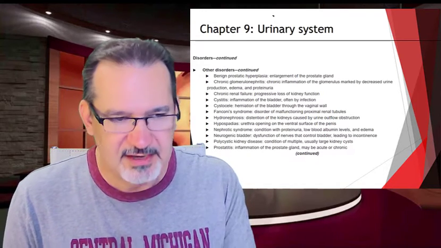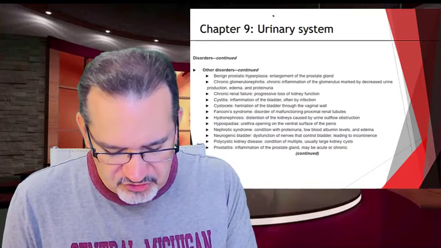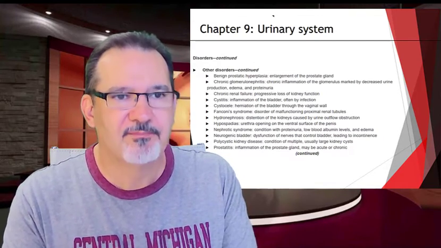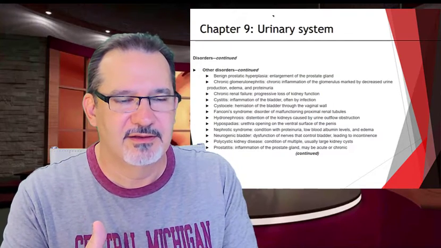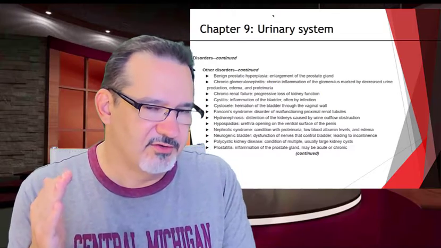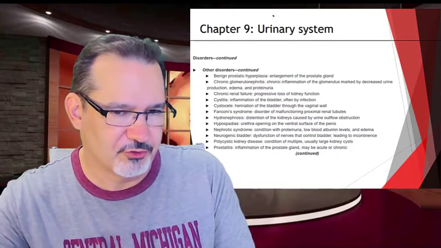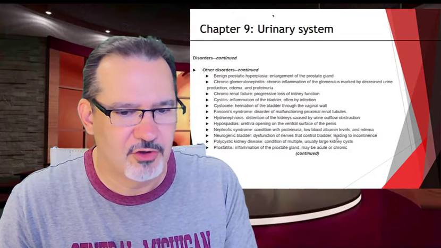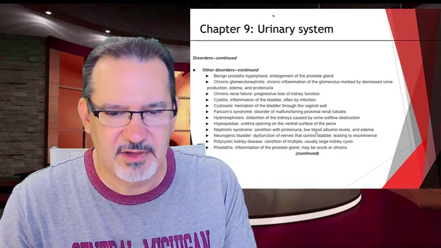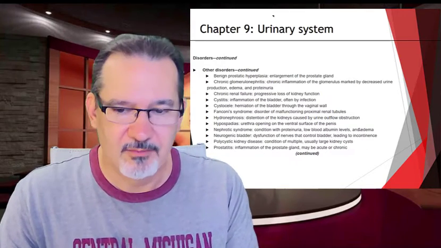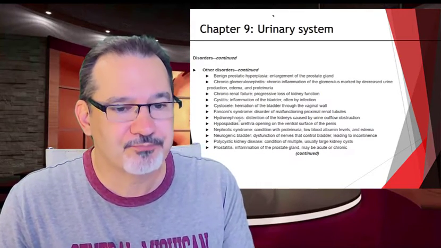So this is a condition in which the opening of the urethra is on the ventral side, so on the front, versus being dorsal or downward. Okay. Nephrotic syndromes, elevated protein levels, low blood albumin, fluid retention.